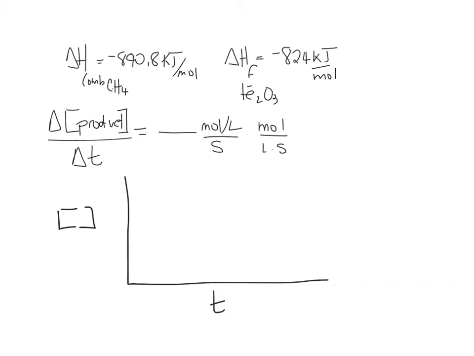Negative slope? So it will go down. So your products are going to go down. So what you're saying to me is at the very start, you have lots of products and then they disappear. Shouldn't it depend on the reaction? What do you start a reaction with? Reactants. And then they go down to be the product. They go down and the products do what? They go up.